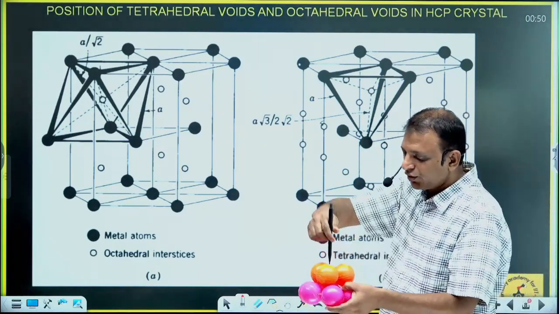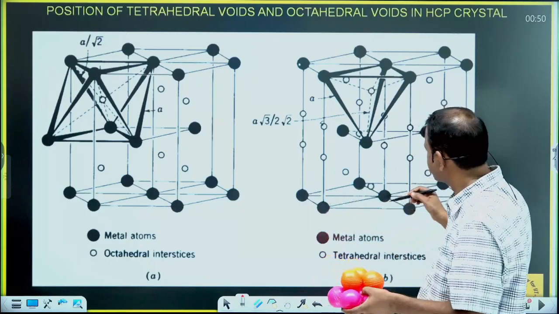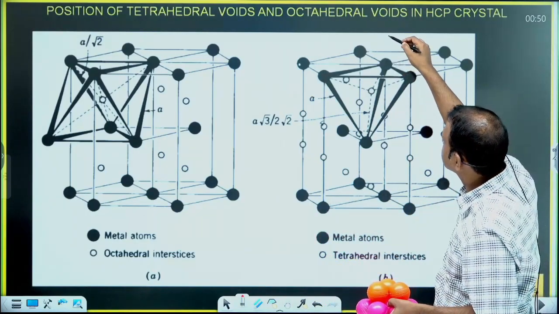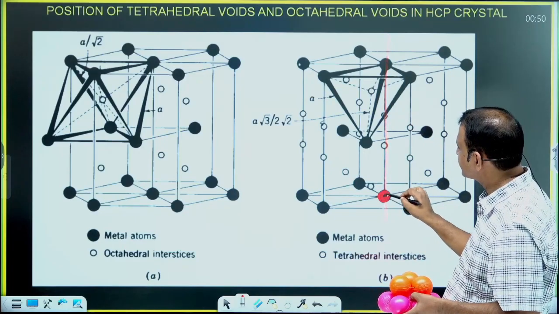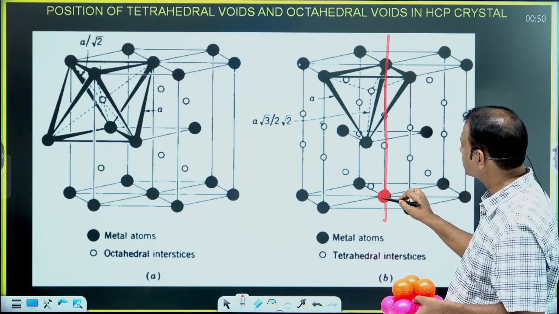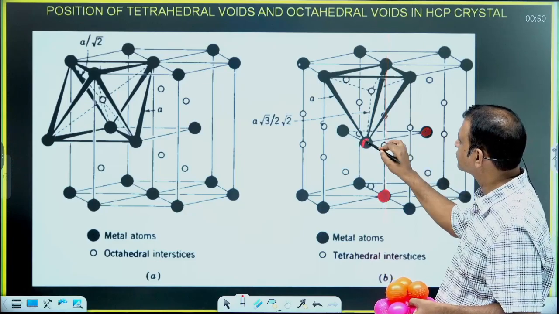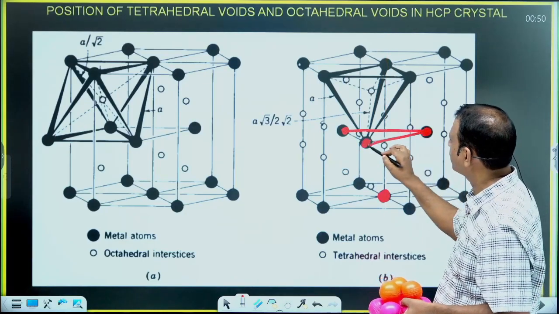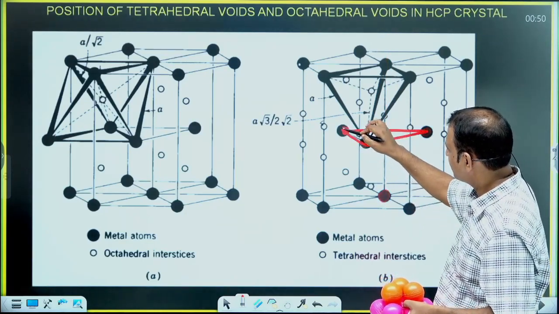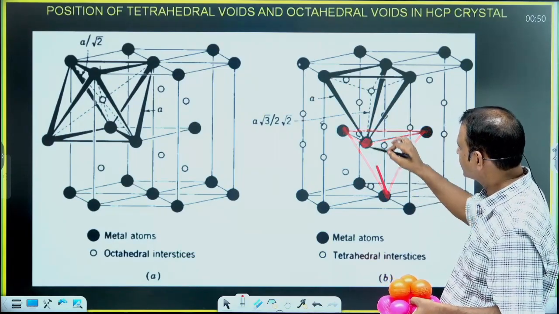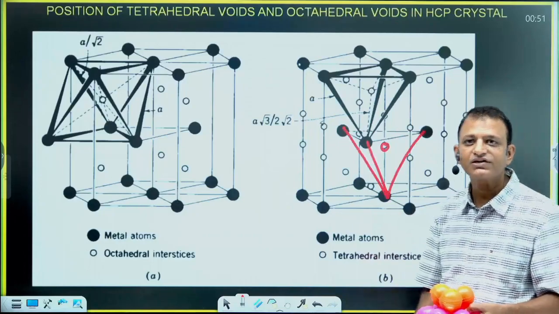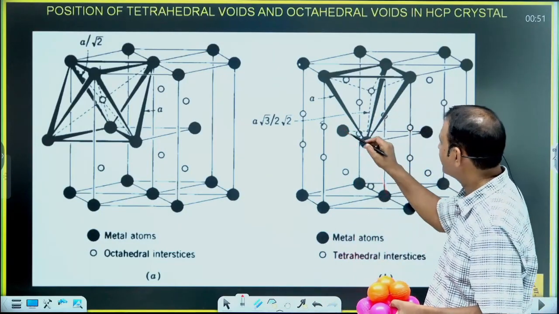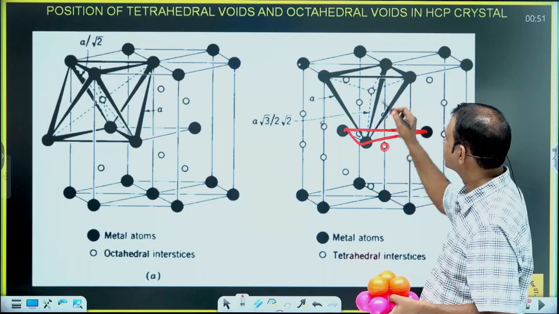So along this axis of the hexagonal prism, this is the axis of the hexagonal prism. So this is the base, or we can say vertex, and these form an equilateral triangle, right? If I combine these, there is a formation of a regular tetrahedron and the center of this is a position of tetrahedral void. Same way, this is a triangular base and this is the vertex.